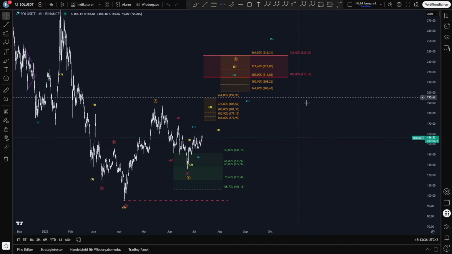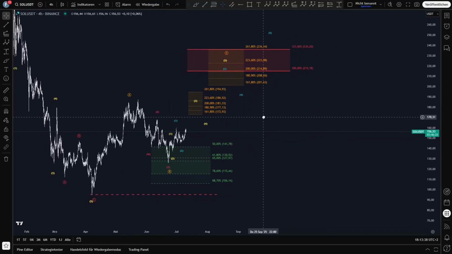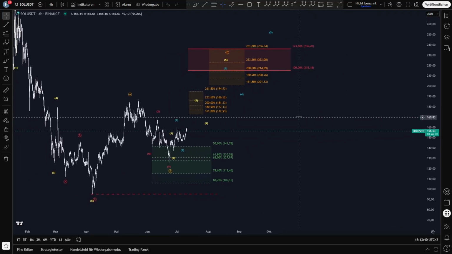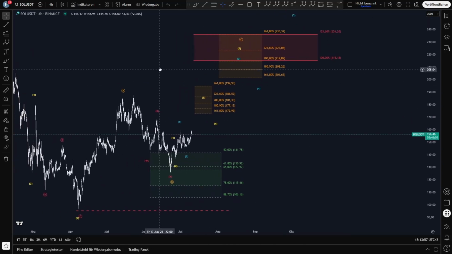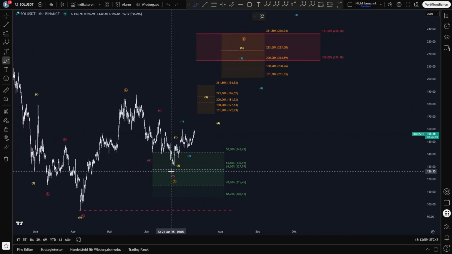$236. The second scenario would be, like I said, a wave C has to be a 5-wave move, but it can go as an impulse, so the subwaves are also 5-wave moves, or as a diagonal structure, which means that the subwaves are 3-wave moves. So the other scenario would be that we have an ABC structure here, A, B, C, in this wave 1.